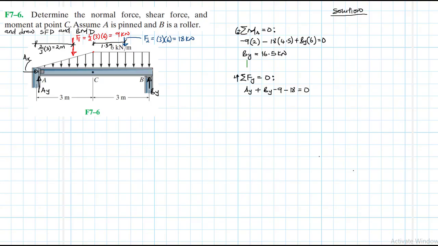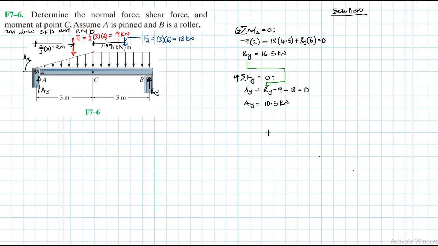This is our By here, which we already found, and therefore our Ay is just going to be equal to 16.5 minus 9 minus 18. So this gives us 10.5 kilonewtons. Okay, 10.5 kilonewtons. Great.